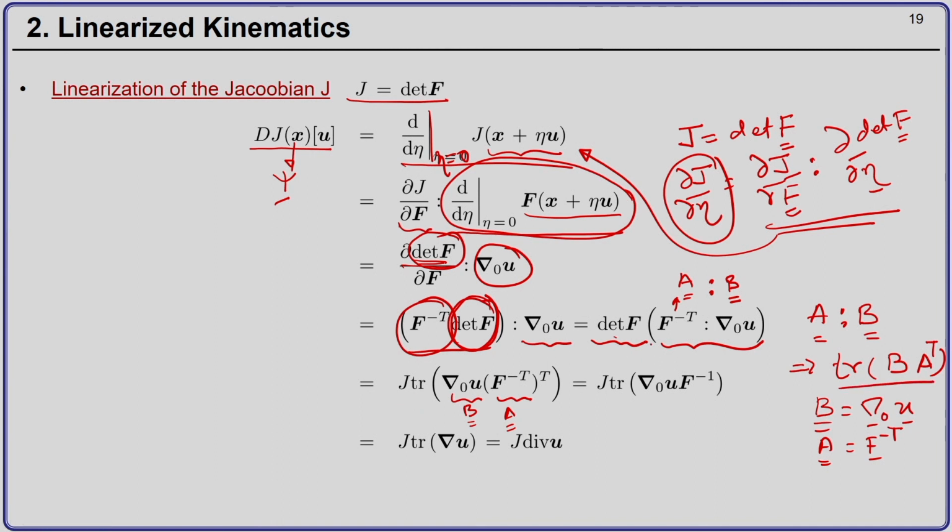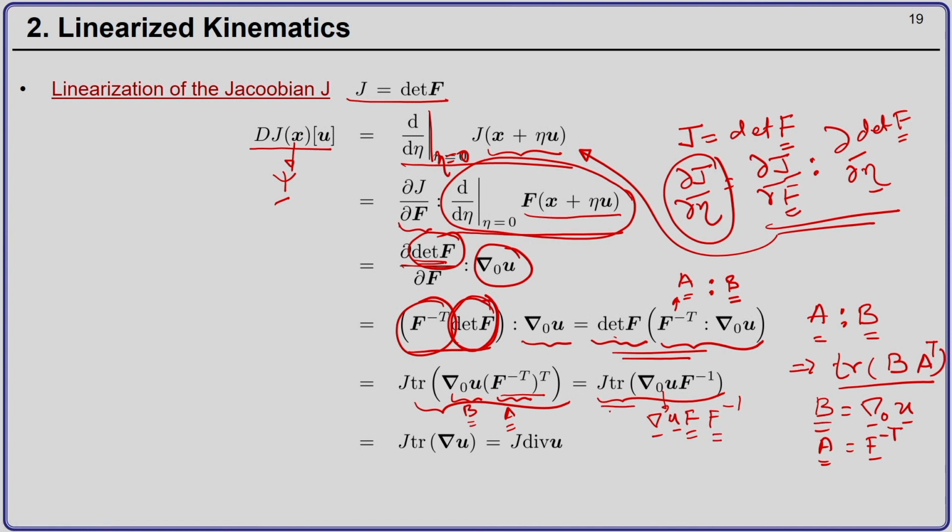A double contraction with B is nothing but trace of B A transpose. So, I can write this relation as J times trace of this quantity. Now, F inverse transpose transposed is F inverse, so I can write J trace of del 0 u into F inverse. Now, del 0 u is nothing but del u into F, and F times F inverse is identity.